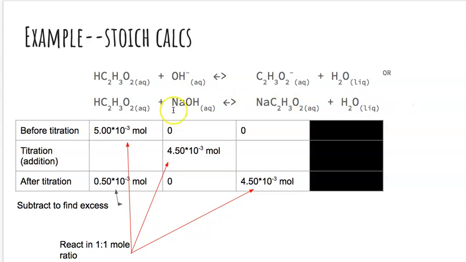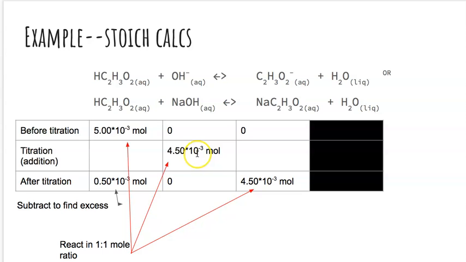Here's our reaction, right? Acetic acid plus hydroxide, or if you want to call it NaOH, it means the same thing, makes acetate, or sodium acetate, means the same thing, and water. We start with 0.005 moles of acetic acid. We add to that 0.0045 moles of hydroxide.